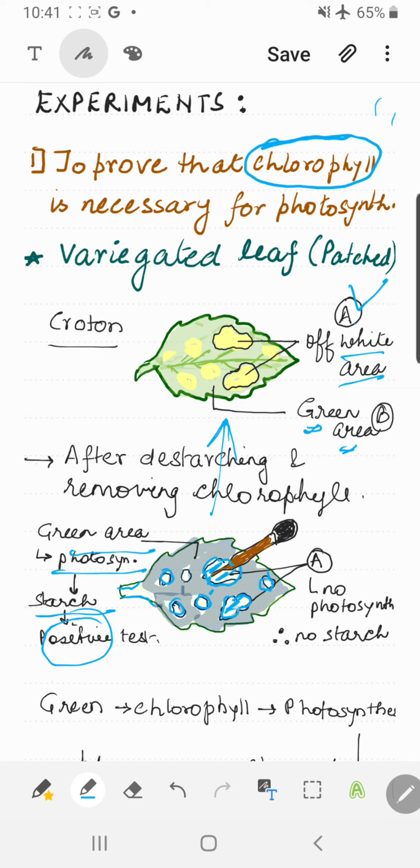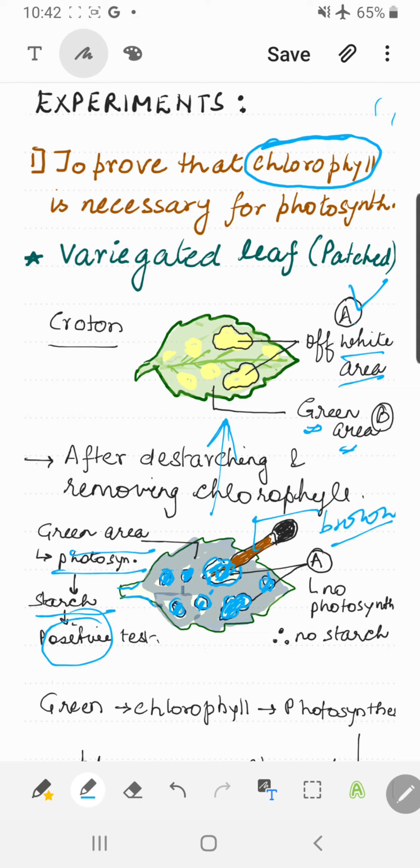But those areas which were not having chlorophyll, even though you put iodine over them, will not remain white because the initial color of iodine is brown. So these areas would become brown. I have selected a blue color, but you should understand that whatever is the color of the iodine would be imparted to these colorless areas, right?